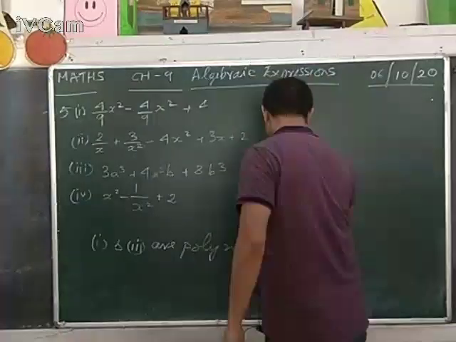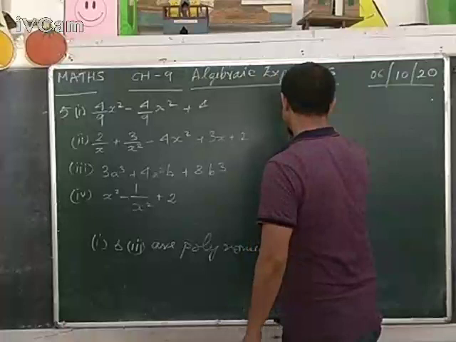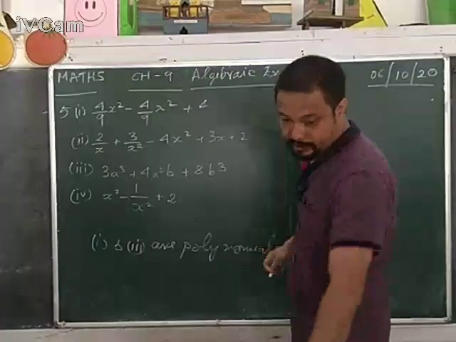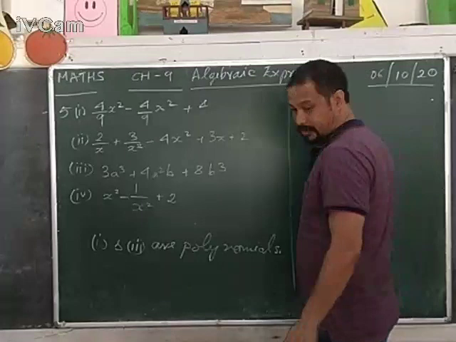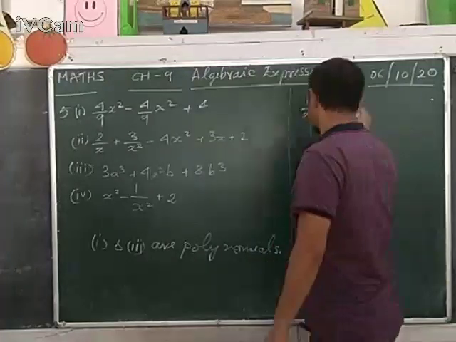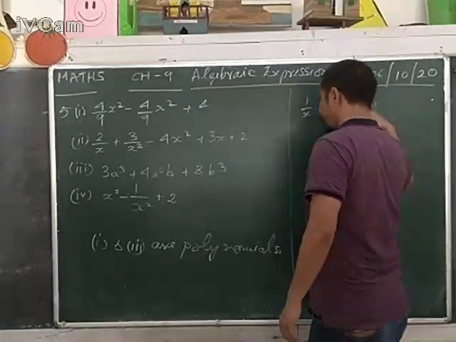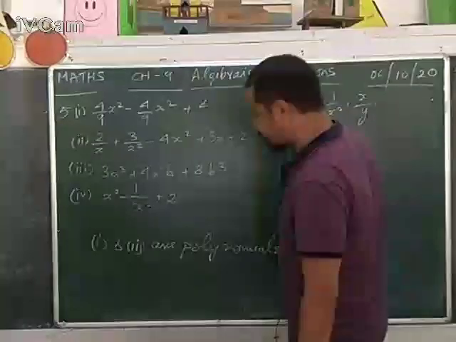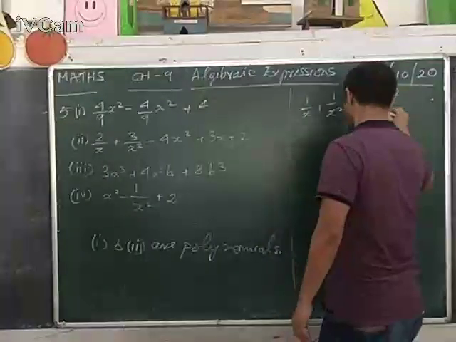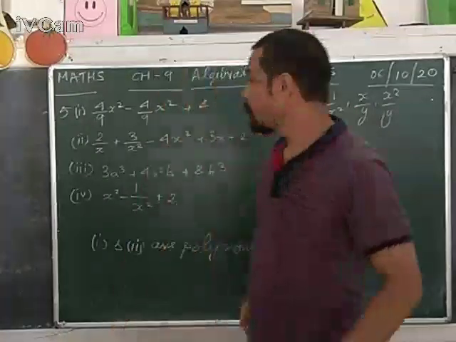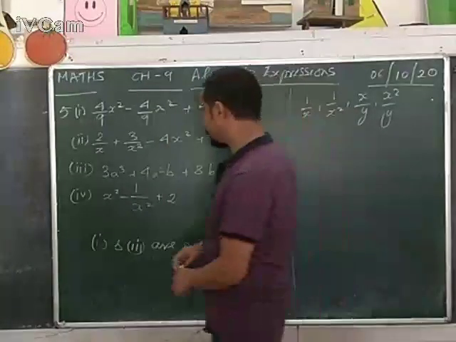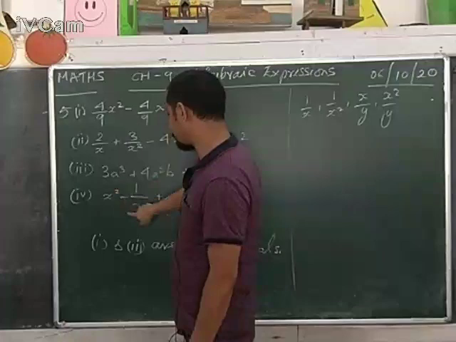Okay, I'm going to do the explanation part. 1 upon x, that's what the book says, 1 upon x square, x upon y, x square upon y, etc. is not a polynomial. Why is it not a polynomial? See, this is not a polynomial, this is not a polynomial.